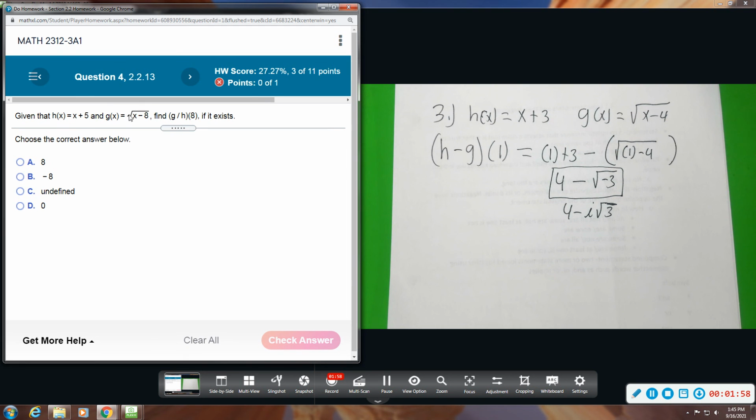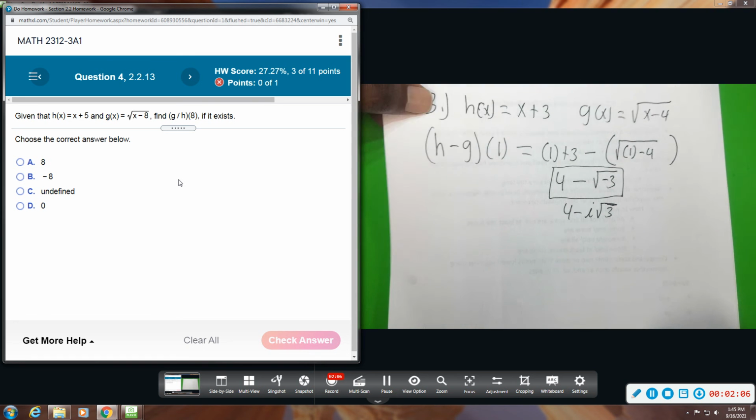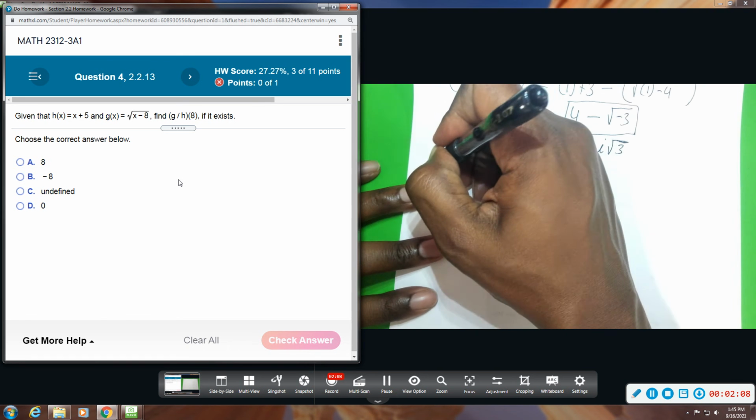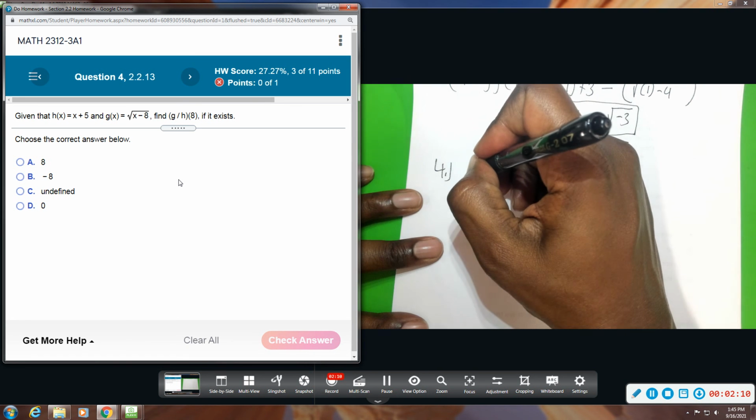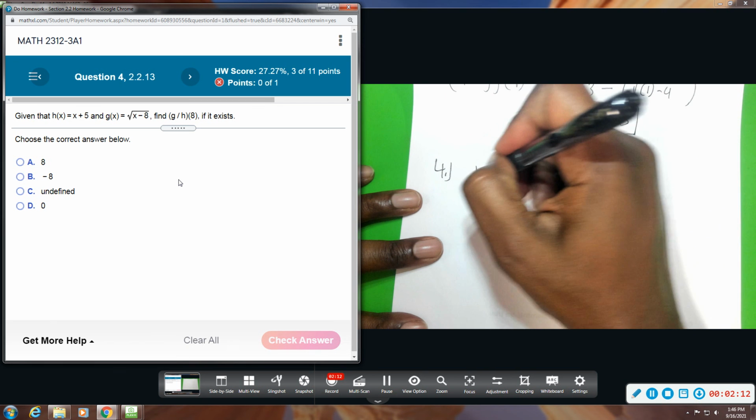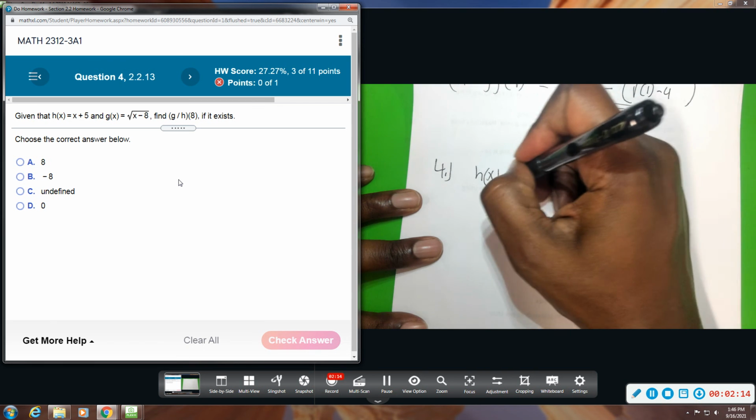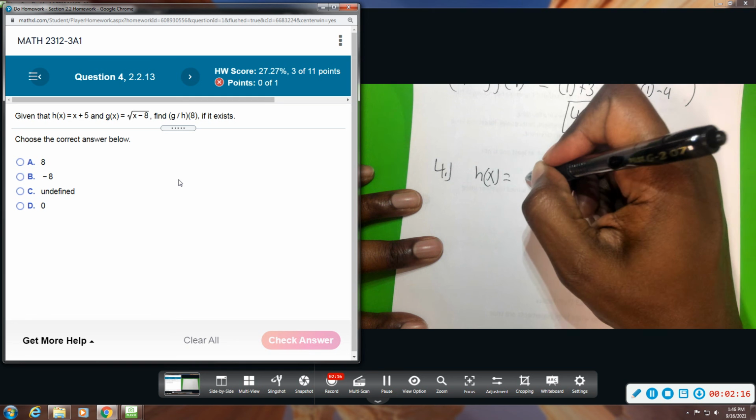And then number 4, we want to do g divided by h of 8. So we're going to divide this time. So h of x is x plus 5.